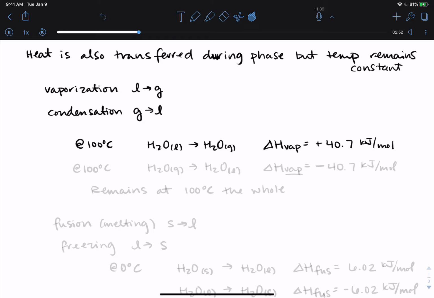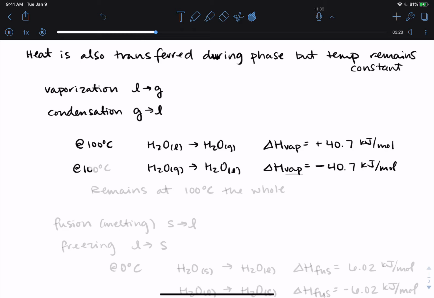It's a really big value, which means that the opposite, condensation, the gas turning into a liquid, is the exact same process, but reversed. So the molecules give off 40.7 kilojoules per mole of heat. When they get close together, they're giving up some energy to go from a gas to a liquid, and the amount that they're giving up is 40.7 kilojoules per mole.